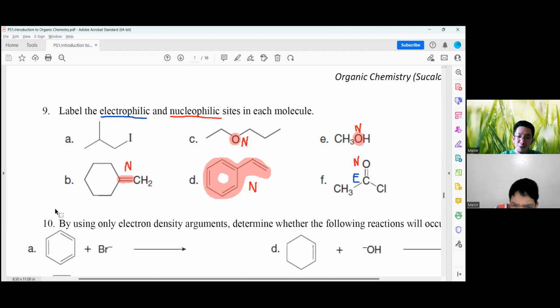Careful ka dyan, ha? Nucleophilic din yung double bond? Hindi mo po siya electrophilic. How about letter A? Sino kayang mahalaga sa letter A?